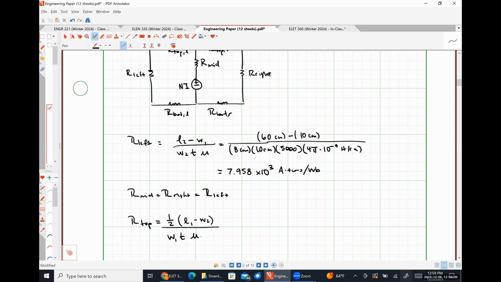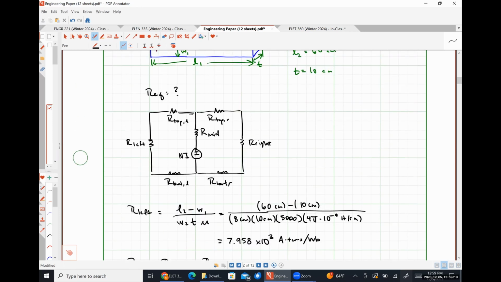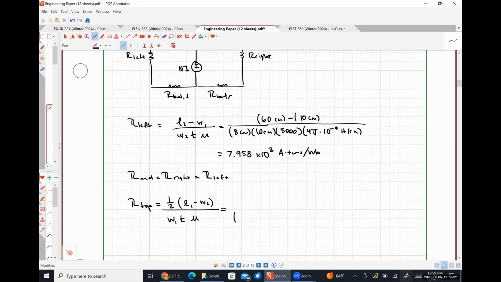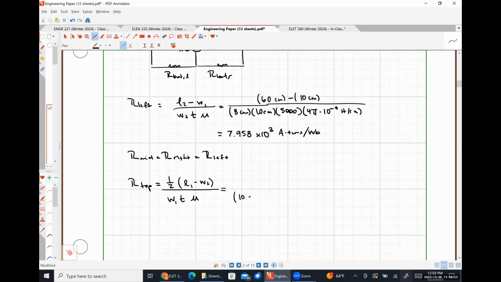Then we have our mu. So just as a heads up, I noticed there's an error in my solution, so I'm going to have to actually recalculate this. W1 was 10 centimeters. Thickness also 10 centimeters.